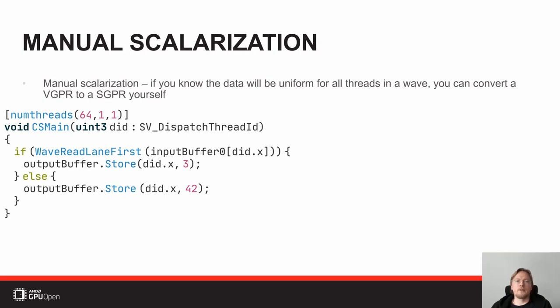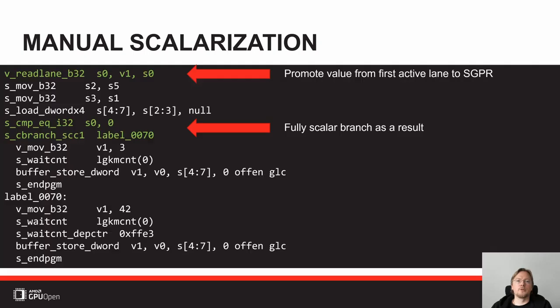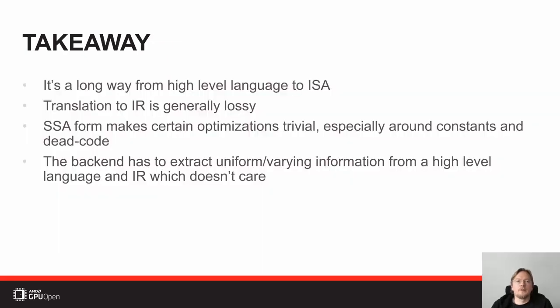This is where you just write it in and tell the compiler, okay, the first value in the wave, so the first vector register which is active, that's a uniform value, and you can just promote this. And you can see this. The value gets promoted to a scalar register, and the compiler issues a scalar branch, doesn't do all of the vector magic anymore, and you get the behavior you want. And that's it for the backend.